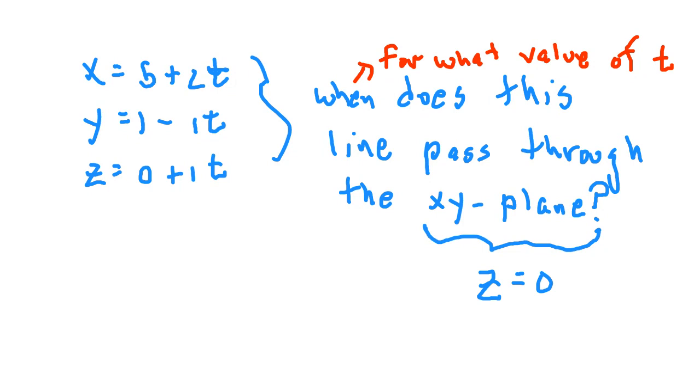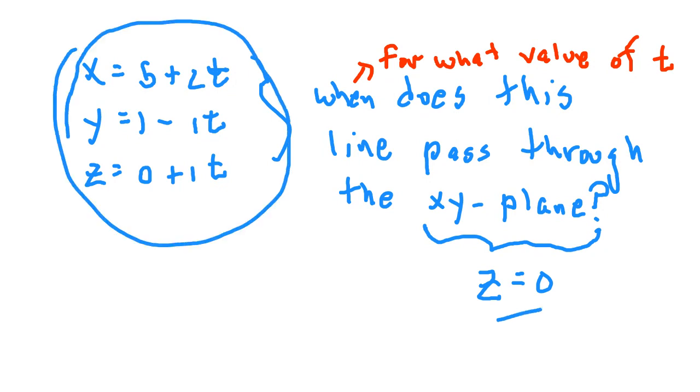Given that these are our parametric equations, and that we're requiring z to equal 0, because the line will pass through the XY plane, when it does that, the z coordinate has to equal 0. Can we figure out what t would have to be?